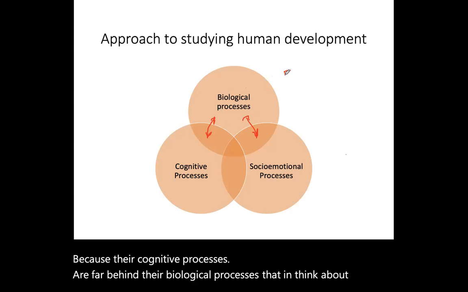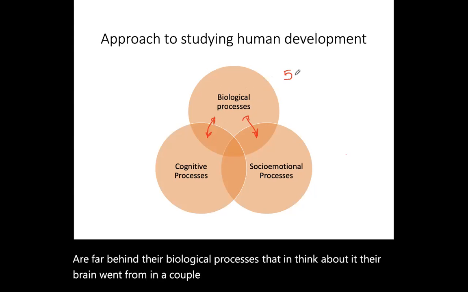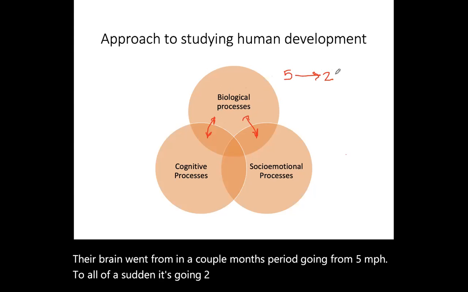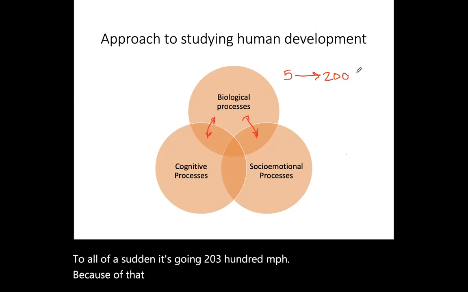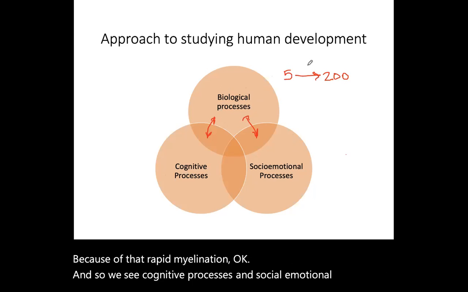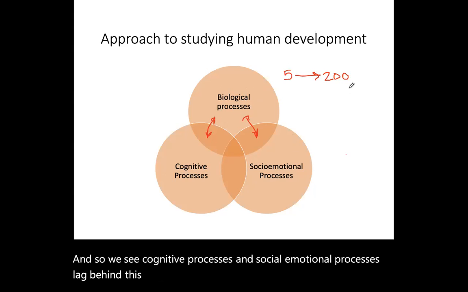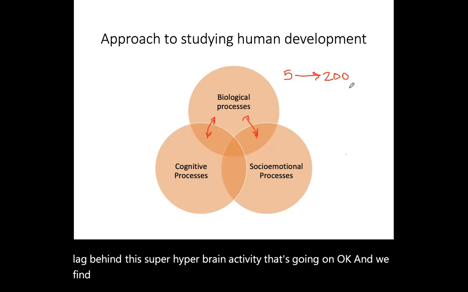Their brain went, in a couple month period, from 5 miles per hour to all of a sudden going 200-300 miles per hour because of that rapid myelination. Okay. And so we see cognitive processes and social emotional processes lag behind this super hyper brain activity that's going on.